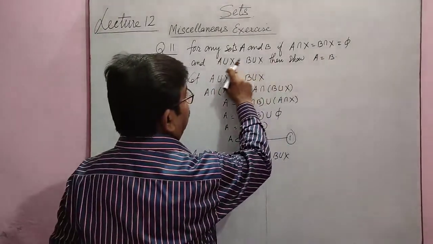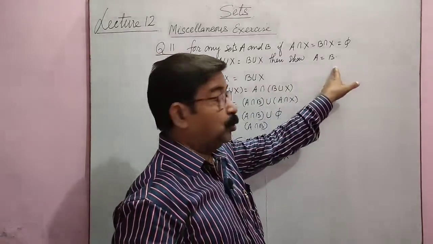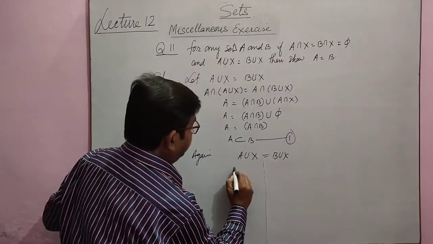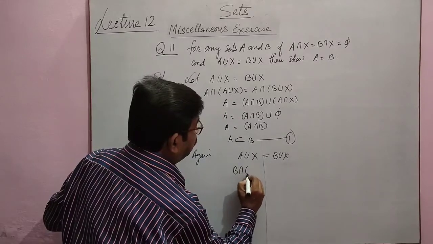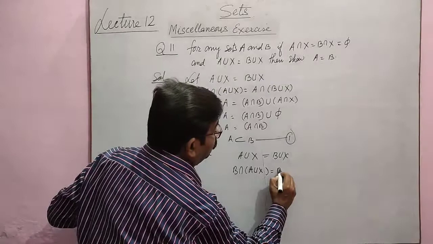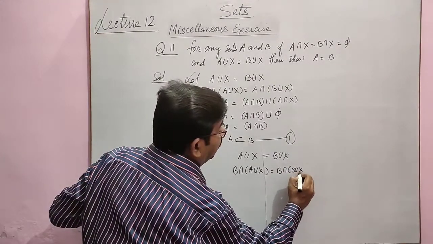Now we have to show B is a subset of A, so apply B intersection on both sides: B intersection (A union X) is equal to B intersection (B union X).